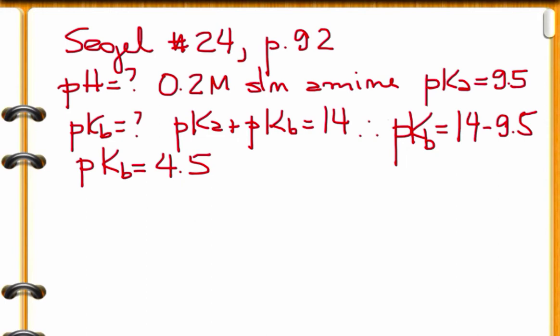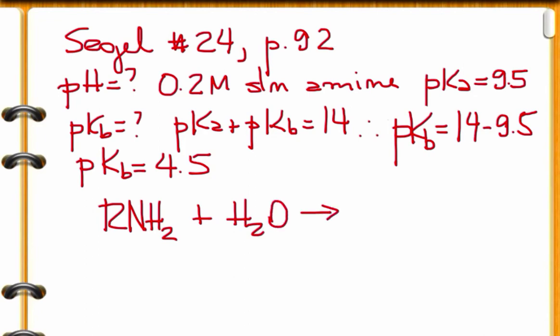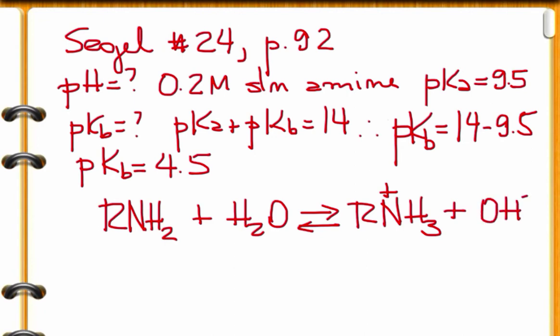Now that we have the pKb, let's look at the equation here. We have an amine, a certain amine, R generic, NH2, plus water. It's going to generate RNH3 plus, with the charge on the nitrogen, plus OH minus.